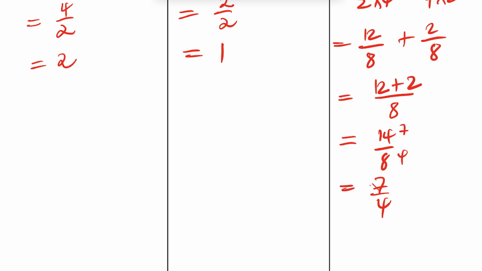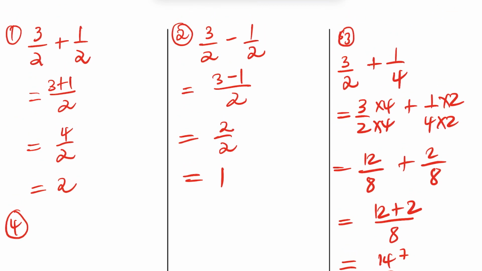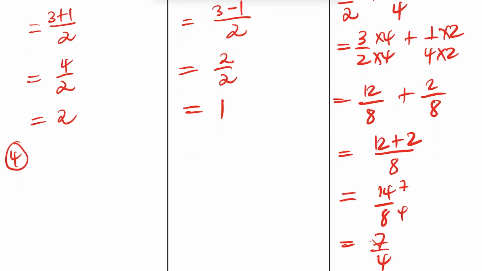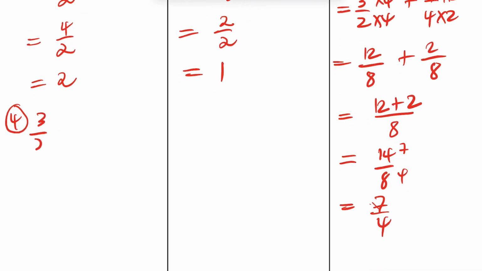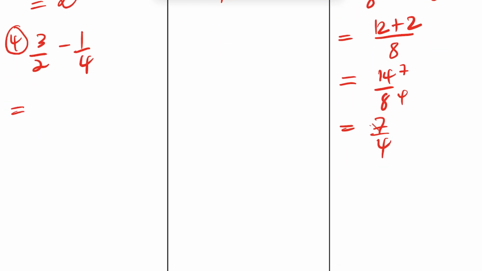Now let's take another question, which is question 4. If we take the same question but subtract, it's 3 over 2 minus 1 over 4. Now, the denominators are not the same. We're doing the same method, but now instead of adding, we're subtracting.